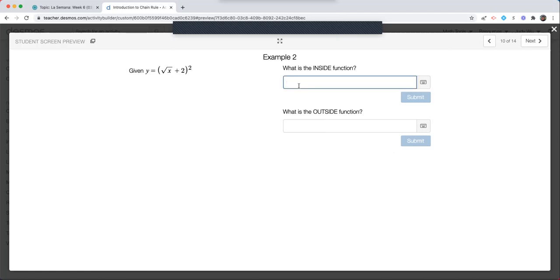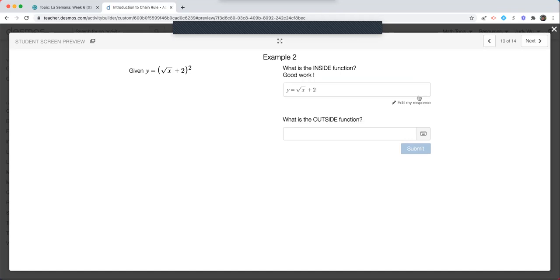So learning our lesson from the previous page, we're going to write y equals and then square root. When I type in SQRT, it turns into a square root symbol. So square root of x. You want to make sure you go outside of that square root and then do the +2. Okay. So good work. We've got our inside function. What is the outside function for this particular part?